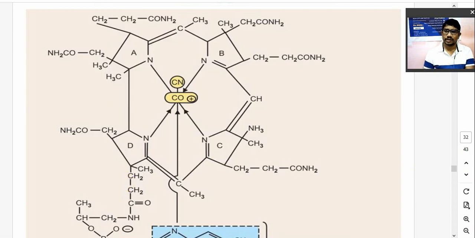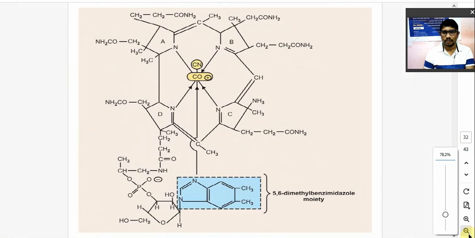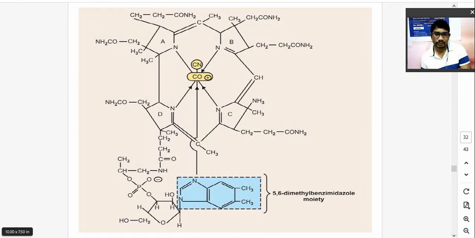Okay, you can see over here the structure of vitamin B12. Structure of vitamin B12 क्या है? So as I told you, it is a cobalt and cyanide containing tetrapyrrole, with cobalt and cyanide placed centrally.